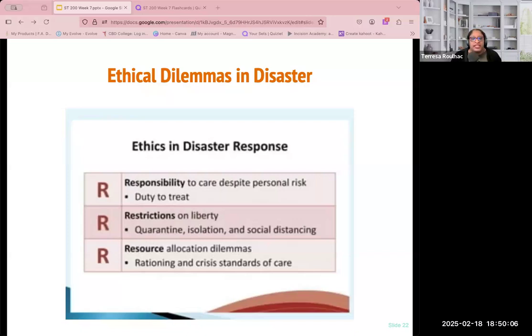Now, some may demonstrate acts of heroism, right? Cooperation, kindness. Others are going to panic. They're going to hoard resources or act in ways that undermine collective efforts. So how can healthcare professionals, including us as surgical techs, manage the emotional and psychological reactions of individuals during a disaster?